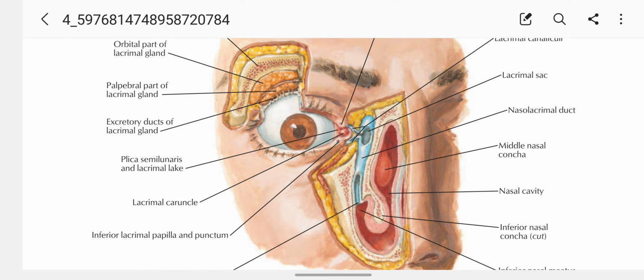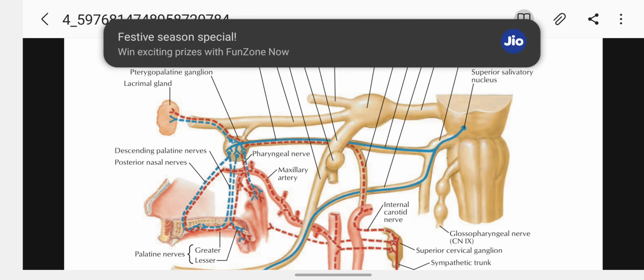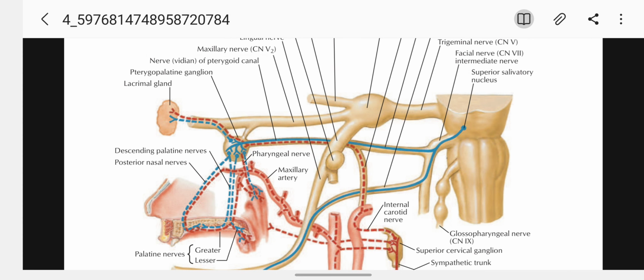The deep petrosal nerve is formed from T1 sympathetic fibers. The T1 preganglionic sympathetic fibers ascend and relay at the superior cervical ganglion. The postganglionic fibers reach the internal carotid artery and form a plexus there, and without relaying, the deep petrosal nerve arises.